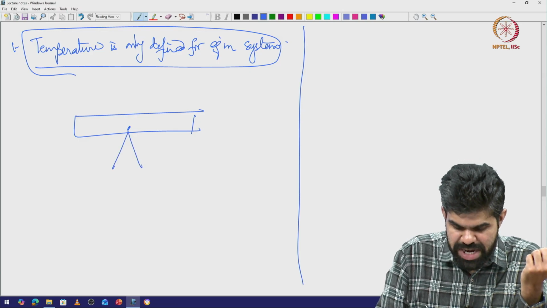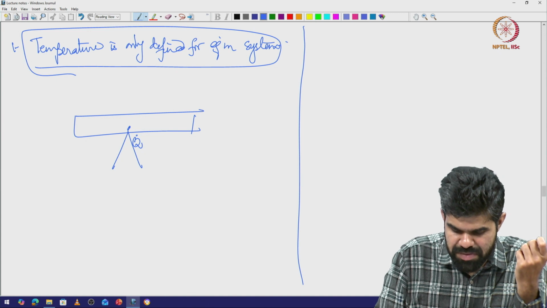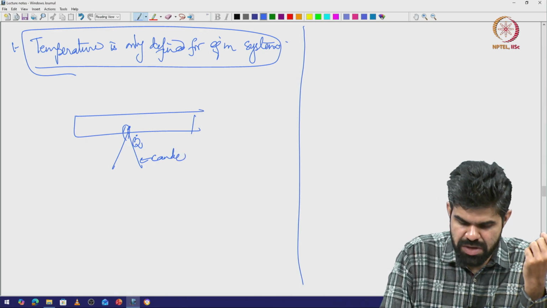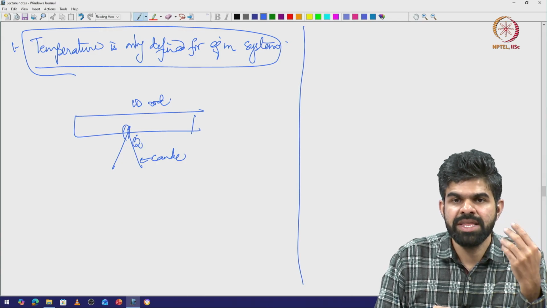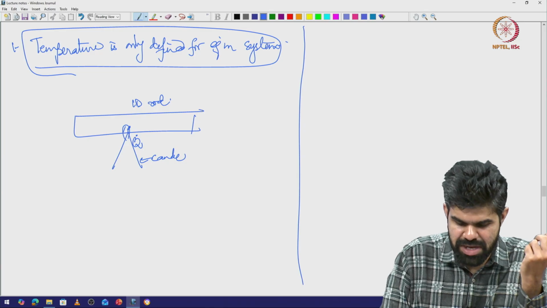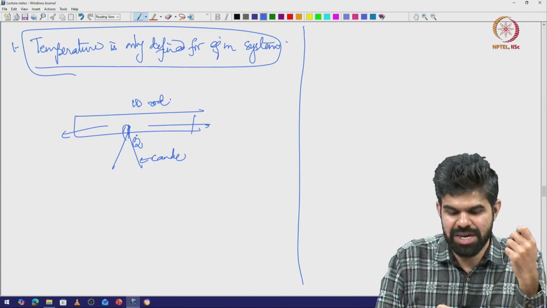I have a source of heat, Q dot, say a candle, that is heating this 1D rod. Then I ask you to find the temperature profile after a certain time. The heat is being dissipated towards both the ends.